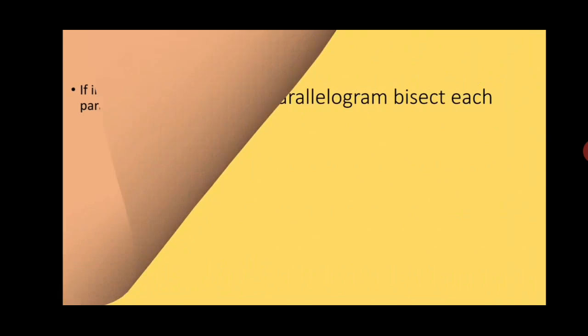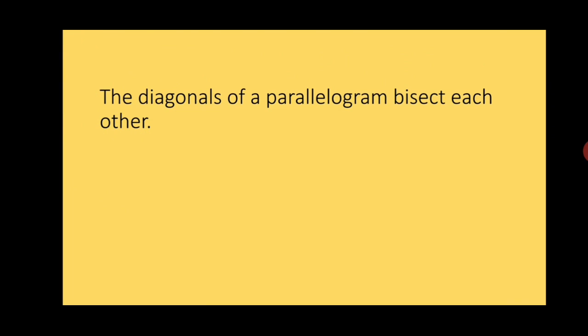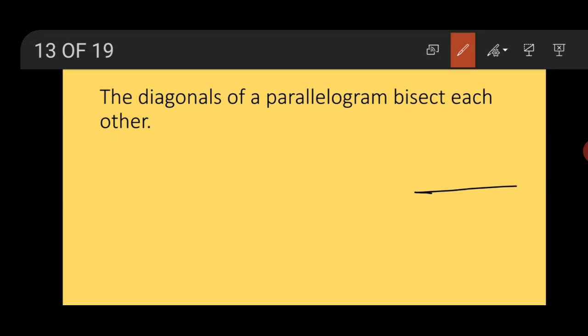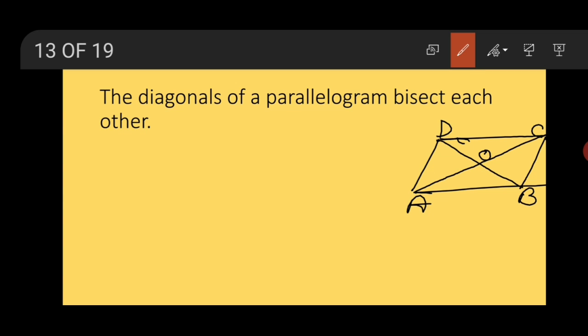Next, let us see. The diagonals of a parallelogram bisect each other. If in a parallelogram, how are the diagonals? Diagonals of a parallelogram bisect each other. Let it be O here in parallelogram ABCD.